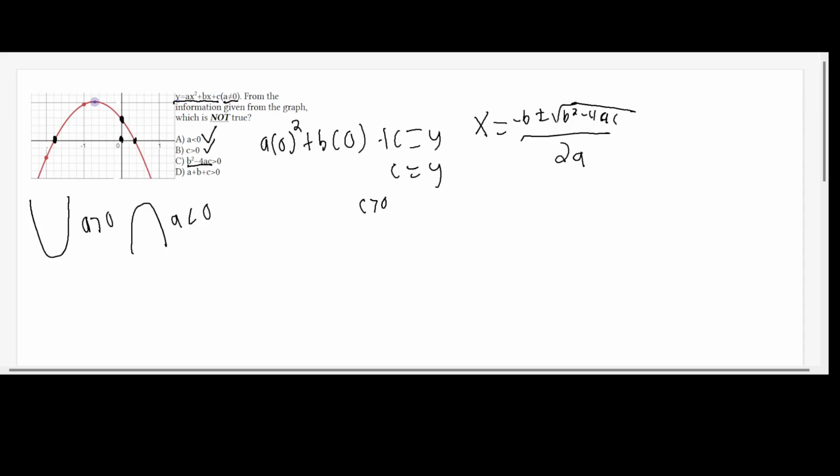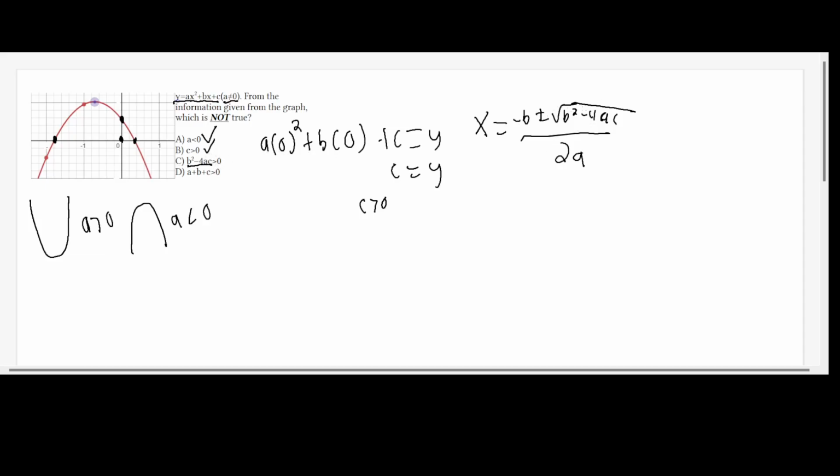So let's see this. Because it has to be greater, right? If it's 0, then it's just negative b over 2a. But let's say this was a negative number, right? Then there would be no x's that would touch. So this has to be a positive number for it to touch. Because it specifies it has to be greater than 0.